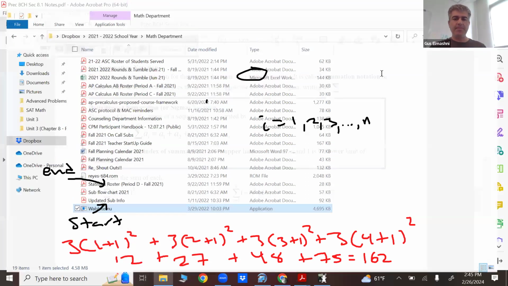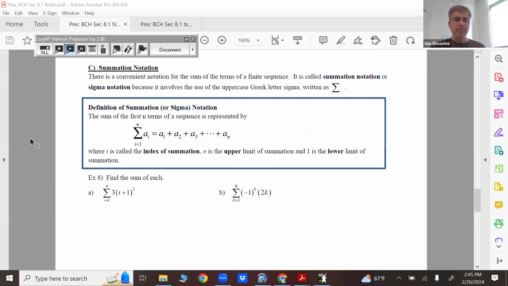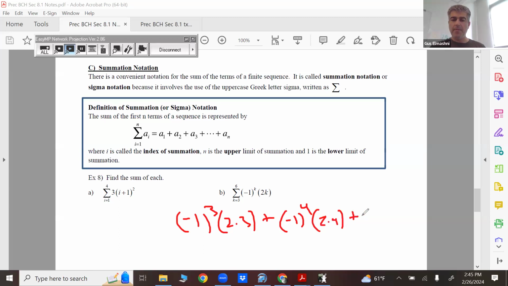So let's keep moving, guys. The next step: you have to plug in 3 first, and you add it to all the other terms. Then you plug in 4. You plug in 5. And you plug in 6.